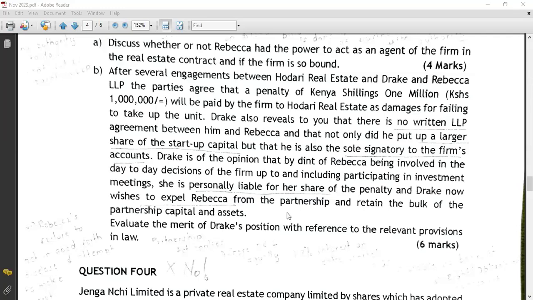The only view I have is that Drake should not have accepted to pay any penalties because he now has liability as the farm, whereas the position of him walking away and saying that it's not binding would have meant that Rebecca takes 100%. But I take your guidance. I'm lost on how best to answer this one.